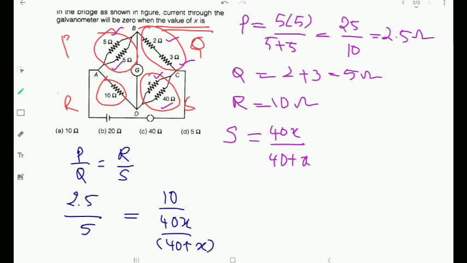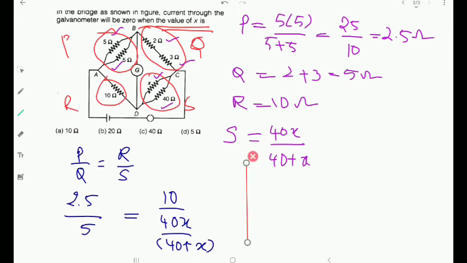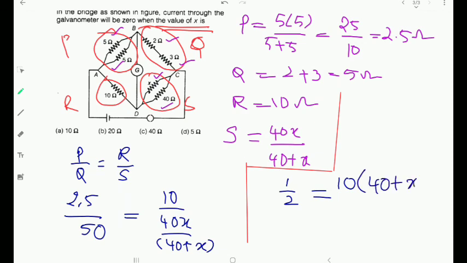Now solving for the X value. So 2.5 by 5 becomes 1 by 2, which equals 10 times (40 plus X) by 40X.